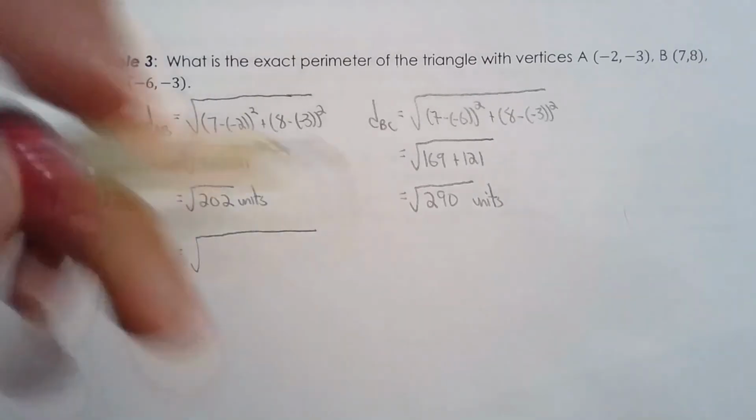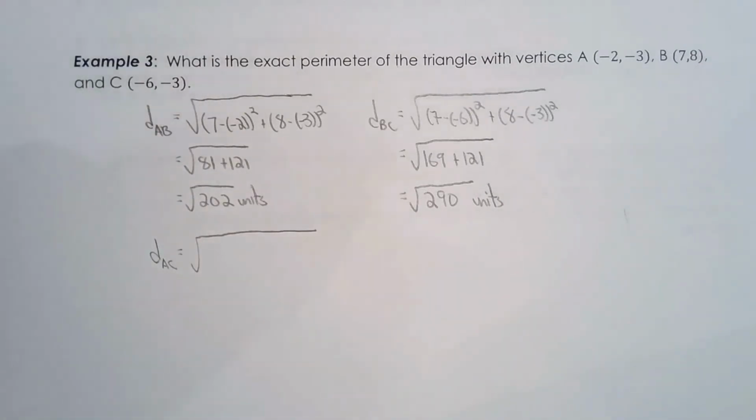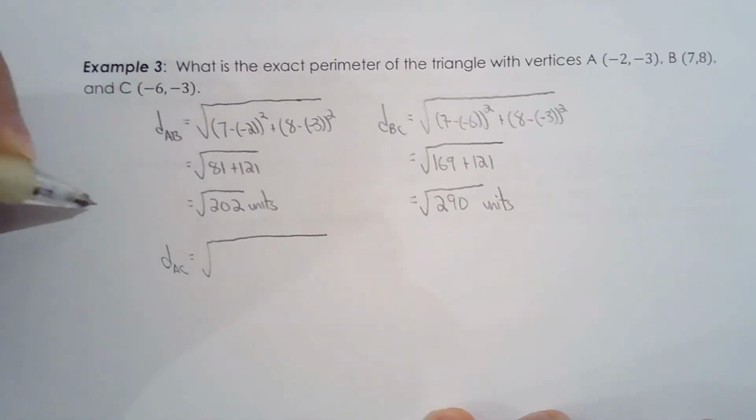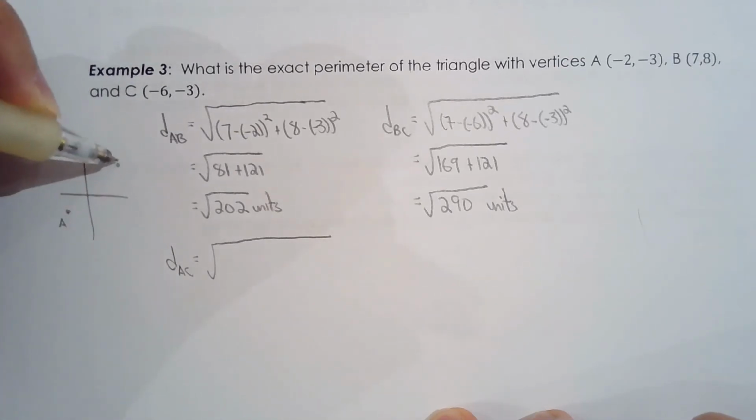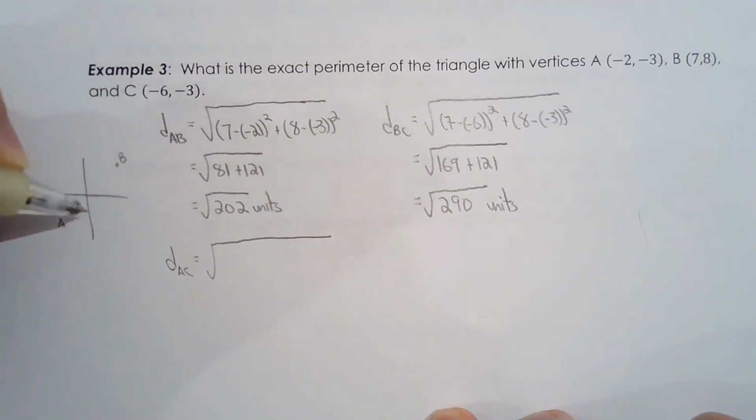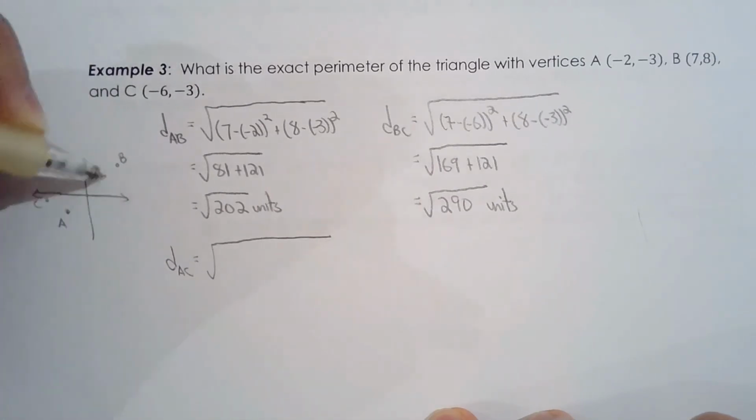You still have to do all the work here, but at least you see it and you're more comfortable. So I'm not going to plot the points exactly. -2, negative, so you're in the third quadrant. 7, 8, you're in the first quadrant. Oh, whoops. Let's see. So we're looking something like that, right?